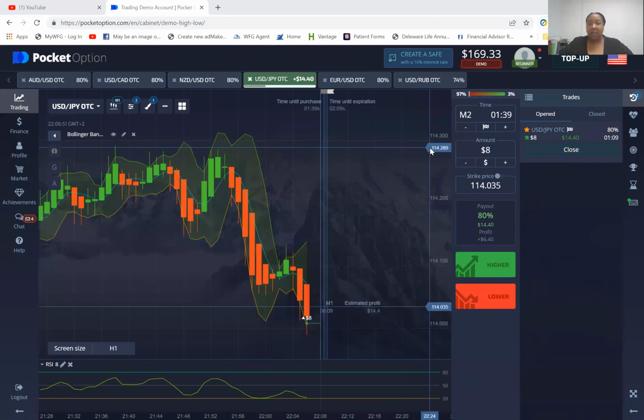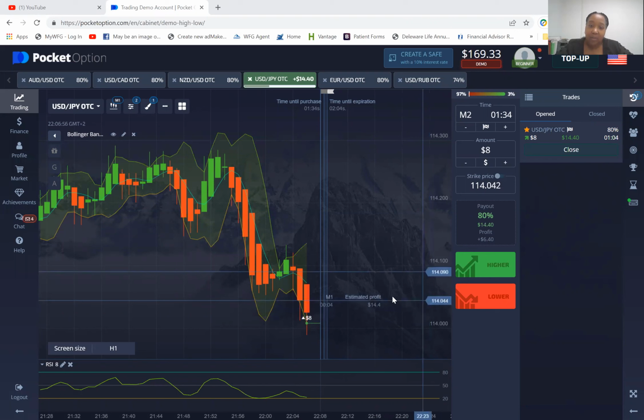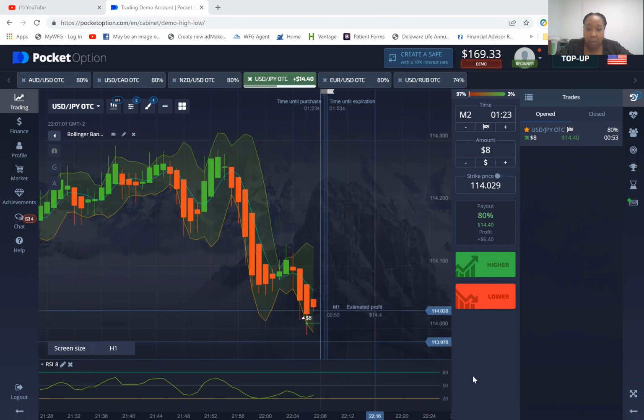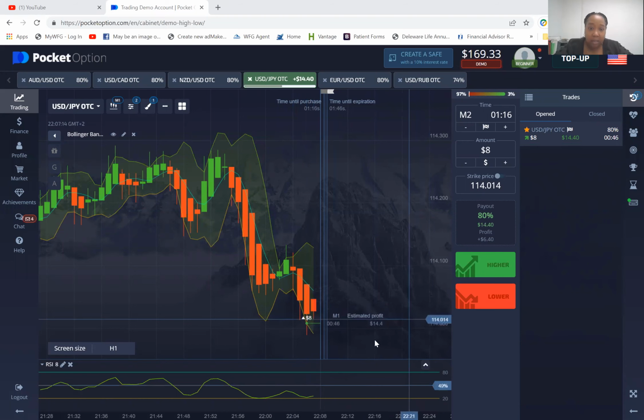So I came in at another moment. I went in for a 2-minute trade, as we will see how this turns out. I was looking at where it closed outside of the Bollinger, and then the second candle closed outside the Bollinger. So I figured I'll get in as low as I can. For a 2-minute trade, I'm anticipating that it will stay above or close above this area.